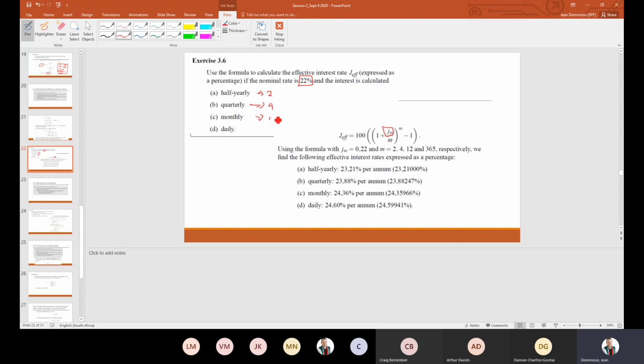Monthly is 12 times a year. And obviously daily is 365. So the only thing that will change in the calculations is the M. If you need to work out the half yearly, M will be 2. If you need to calculate the quarterly, M would be 4. If you need to do it monthly, M would be 12. And if you do it daily, M would be 365.